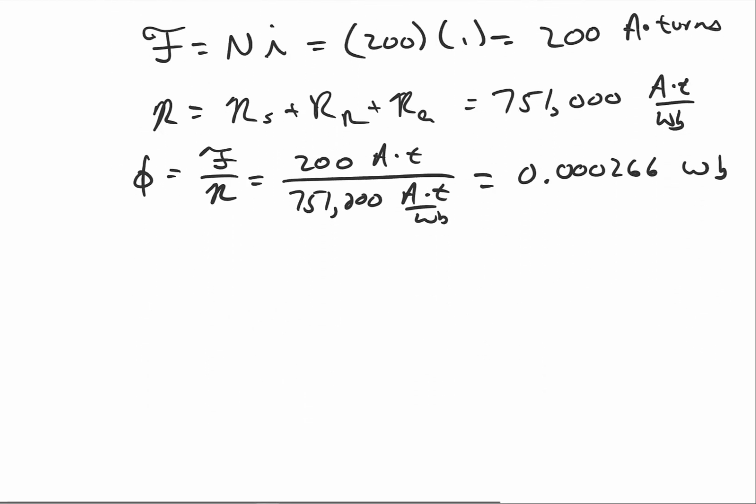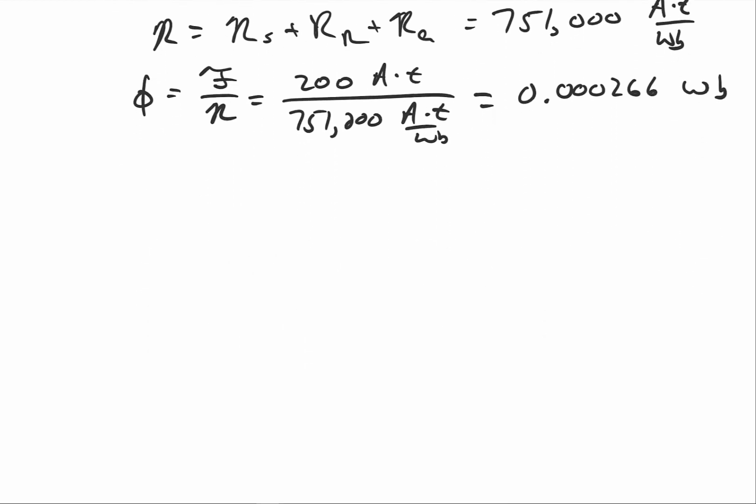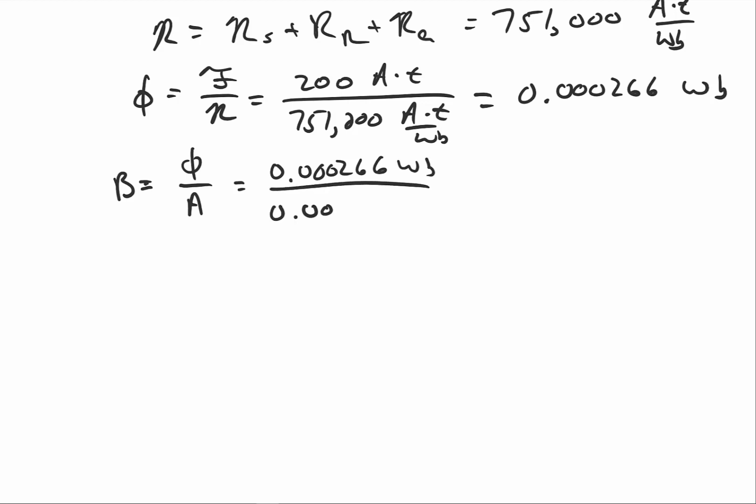Now we're concerned with our flux density, which is our flux divided by our area. So this is 0.000266 Webers divided by 0.0014 meters squared, the area in our air gap. And so that comes out to be 0.19 Teslas.